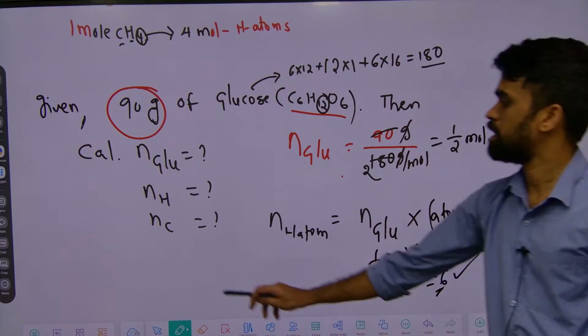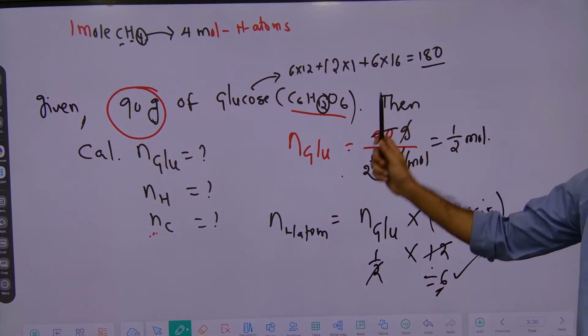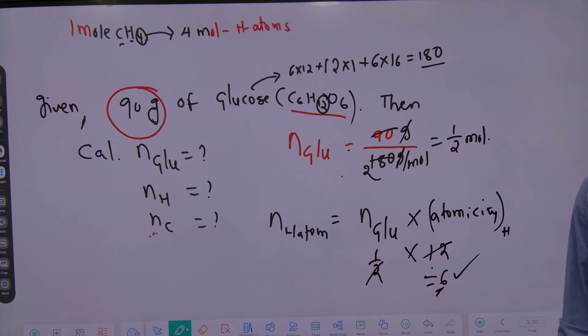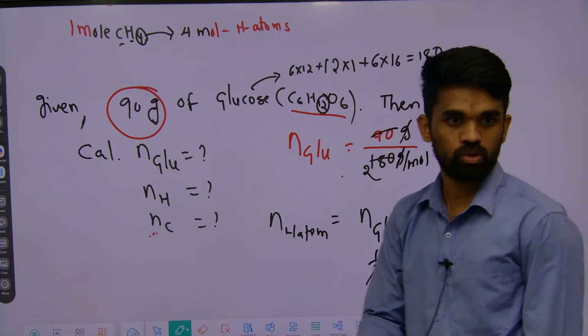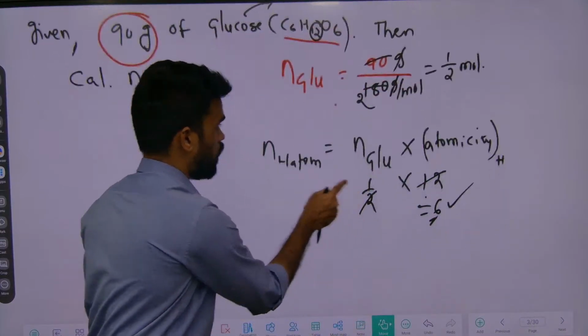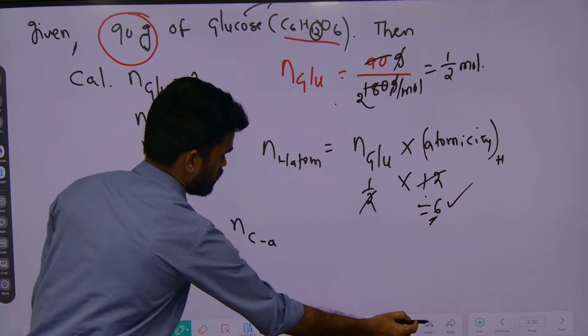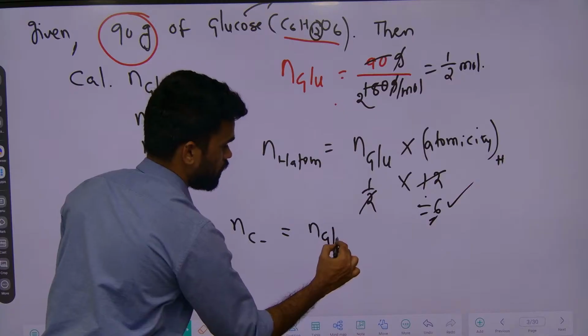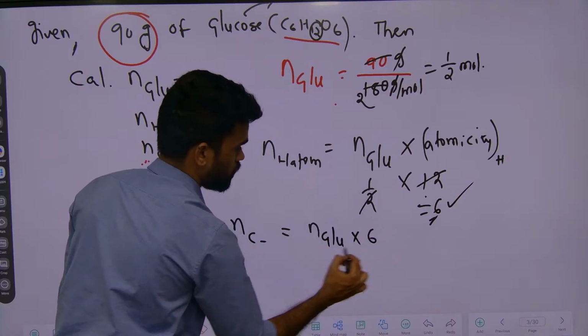So next, tell me number of moles of carbons, because C6 now, so 6 into 1 by 2, 3. Done. Now these are moles. If I ask number of carbon atoms, that number of moles into Avogadro number, that 6.022 into 10 power 23. Similarly, number of moles of carbons means in one glucose unit, atomicity is 6 for carbon.